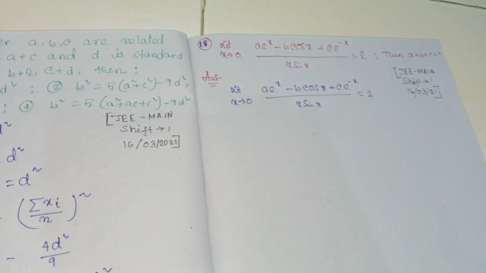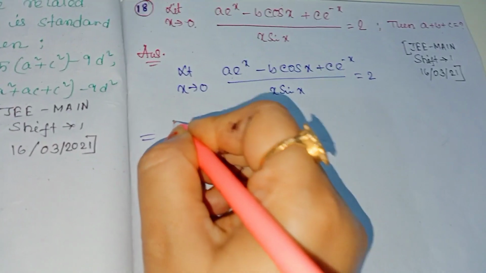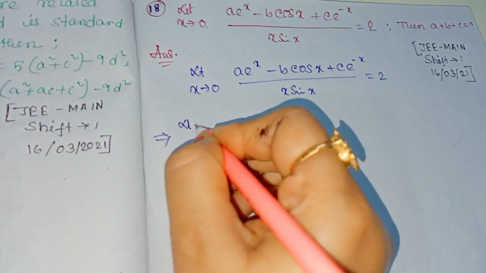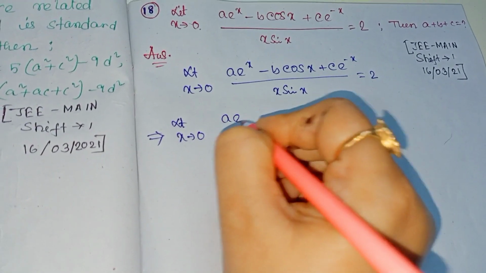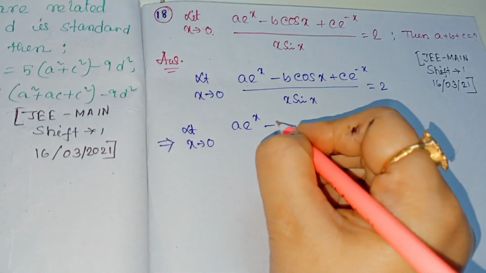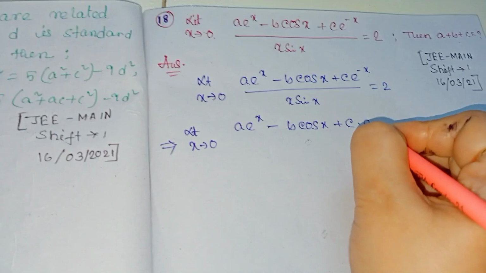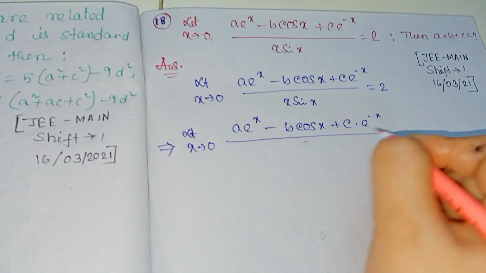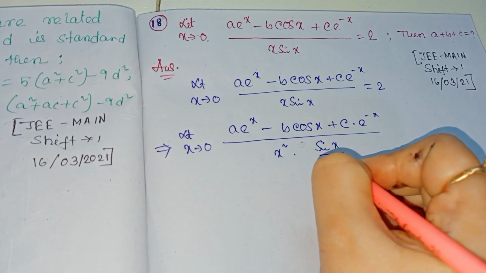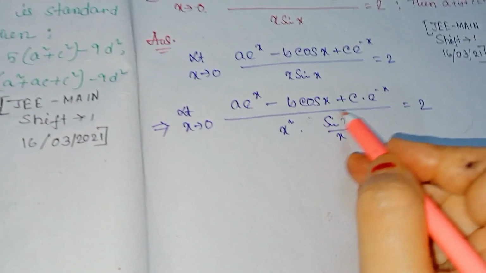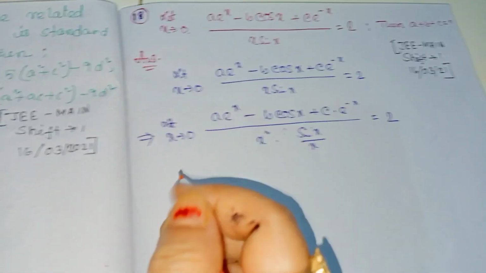So calculating this, limit x tends to 0, numerator unchanged, a e to the power x minus b cos x plus c e to the power minus x, and the denominator as x squared into (sin x by x), that is equal to 2. Making this form, we put limit x tends to 0, sin x by x is equal to 1.